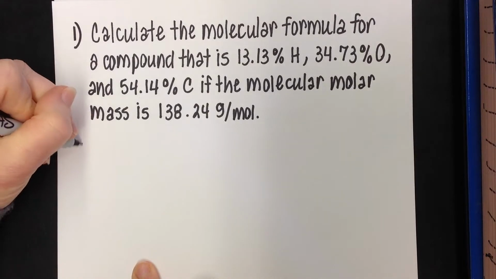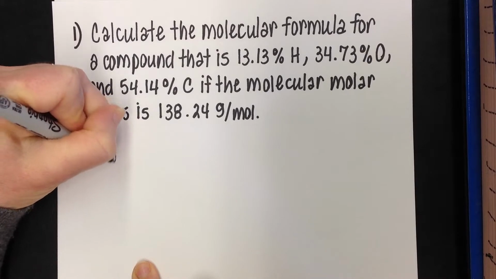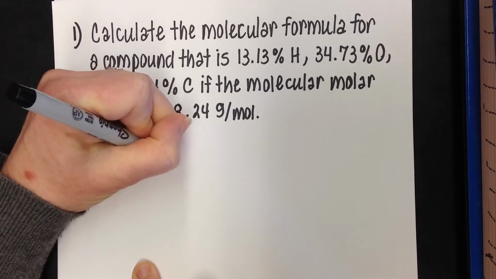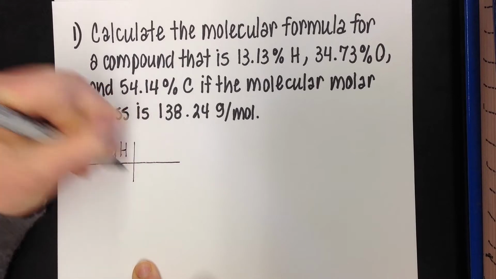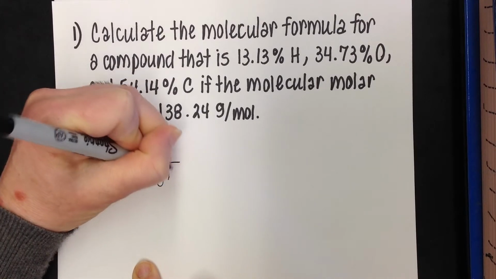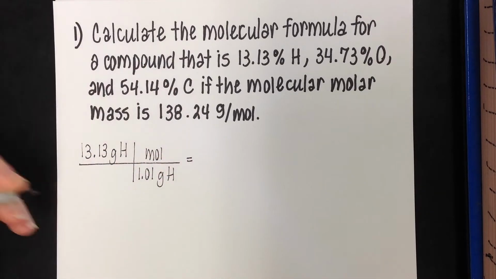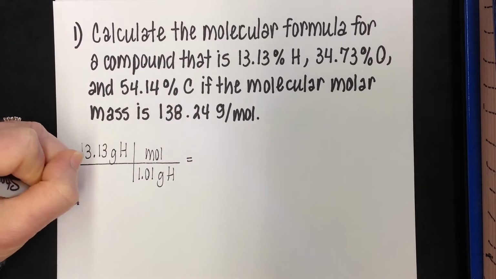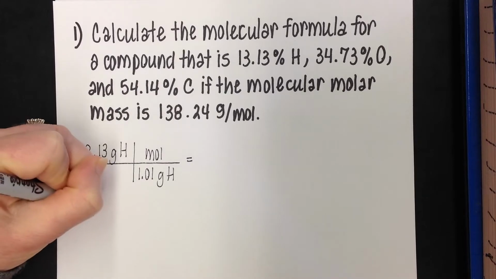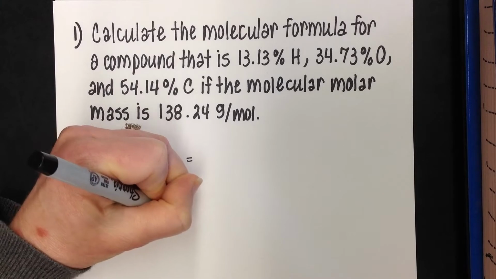So we have 13.13 grams of hydrogen. Hydrogen has a molar mass of 1.01 grams of hydrogen per mole. Then we have 34.73 grams of oxygen.